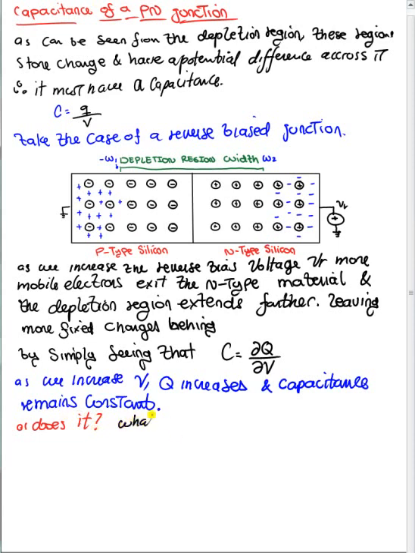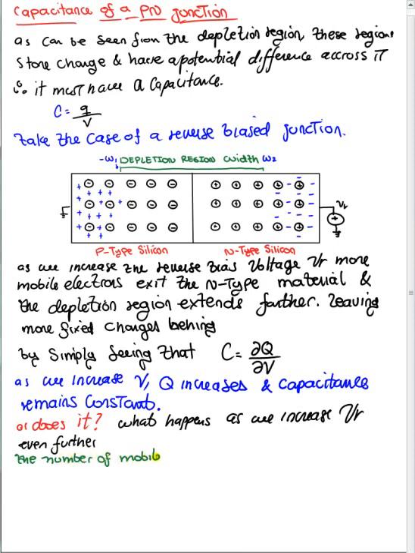So what happens as we increase the reverse voltage even further? We can see that the number of electrons available in the N-type material starts to become very low, right?